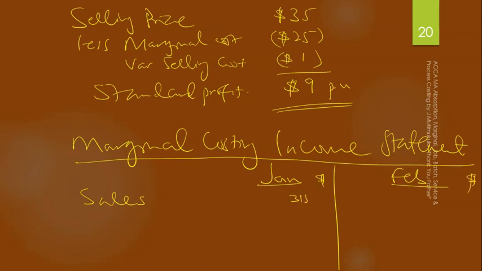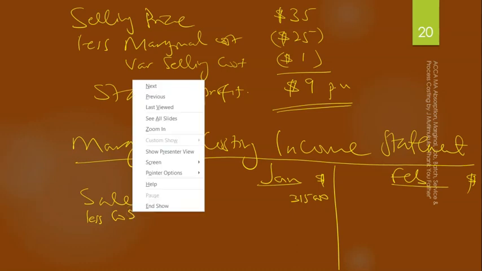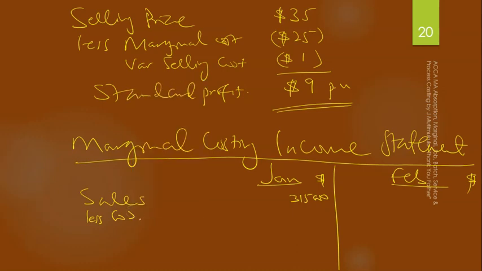So that's 315,000, and then we have to consider the cost of sales, which are going to be, according to the computation, we're going to have the opening inventory.